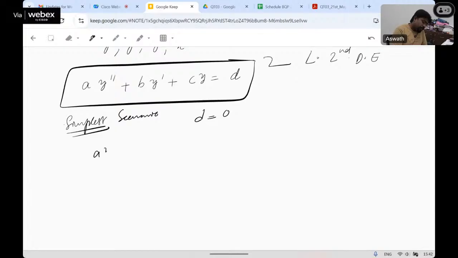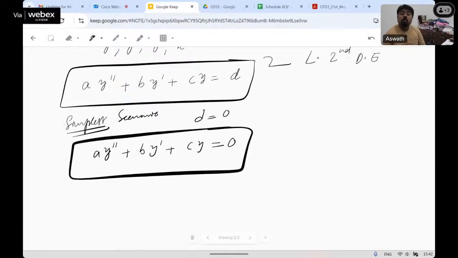A differential equation becomes homogeneous if, see, there is a variable y here, it is getting multiplied. There is a constant here, it is not multiplying to any variable, dependent or independent or derivative, first order or second derivative. If that constant becomes 0, then these equations are called homogeneous.